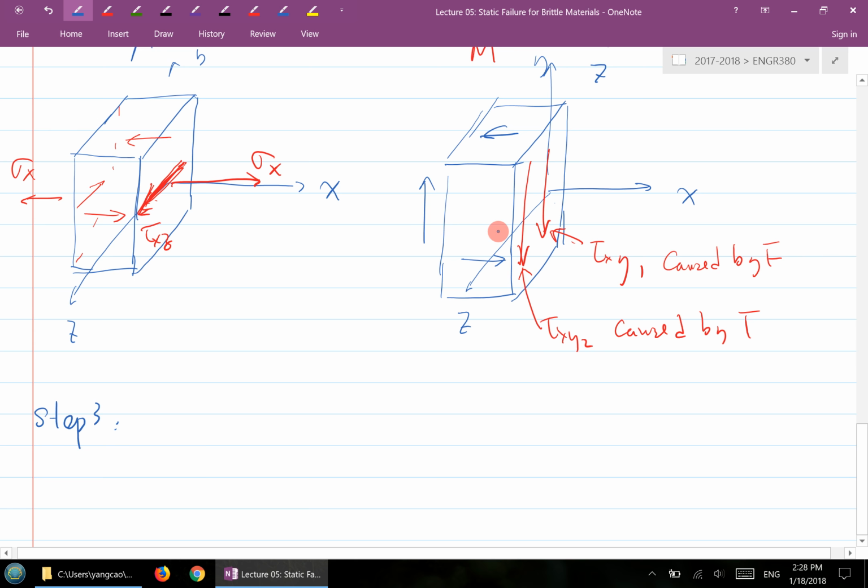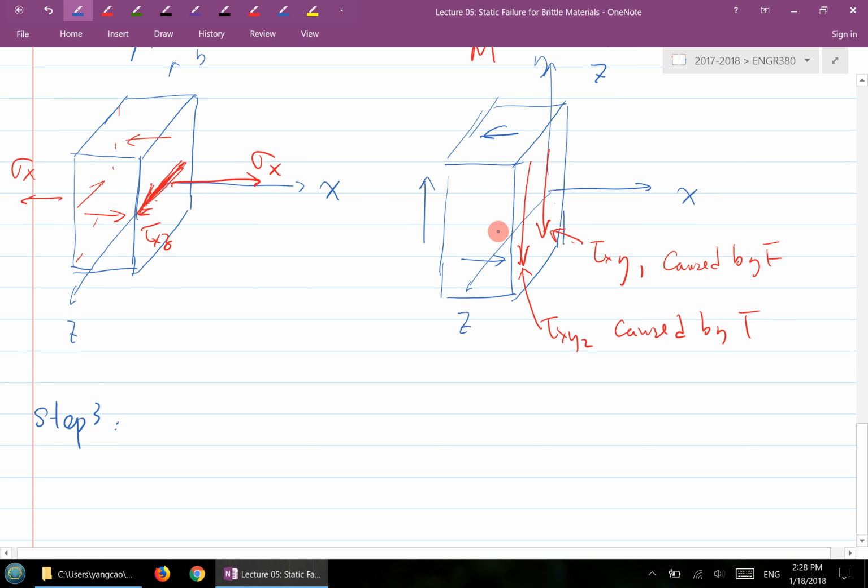Because that results in a completely different value for the maximum shear stress. Remember that, right? So you have a planar state of stress, but you will put it in a 3D perspective in order to calculate the maximum shear stress.